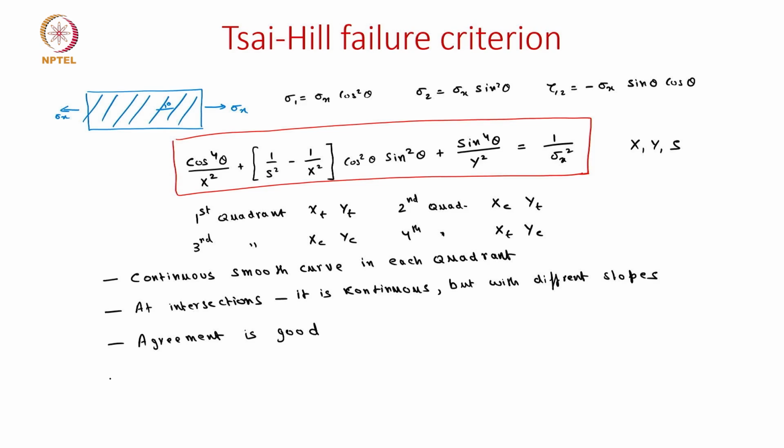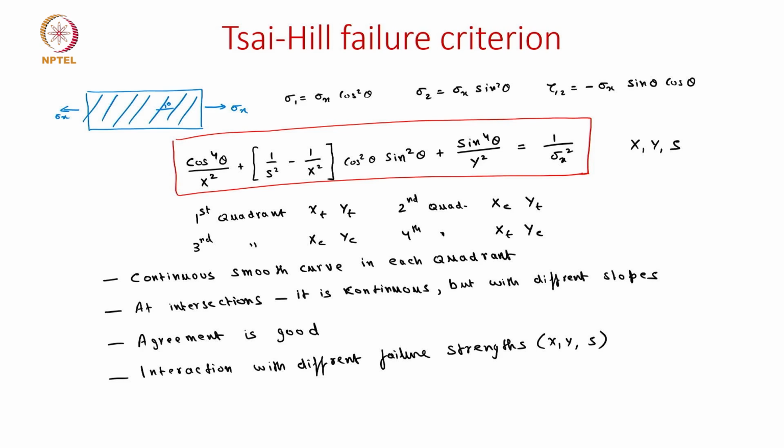And we already showed in the previous slide saying that now we see an interactions between the different failure strengths. So like x, y, and s, we are able to bring all these different failure strengths into the single expression.